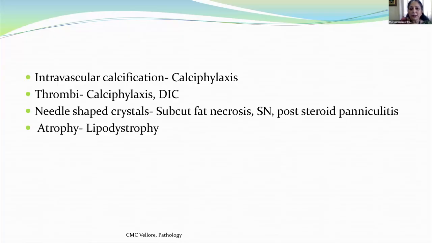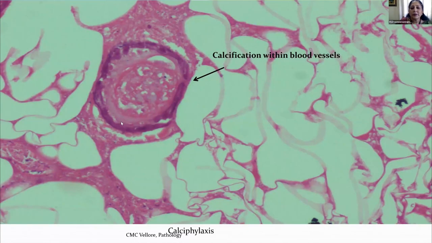Like, for example, you have calcification in small caliber blood vessels, which you would see in calciphylaxis, which is a medical emergency, which is a critical report, which you need to tell your clinician so that they can immediately check out if the calcium phosphate levels are normal and if a culture has been done, because that can lead on to septicemia.